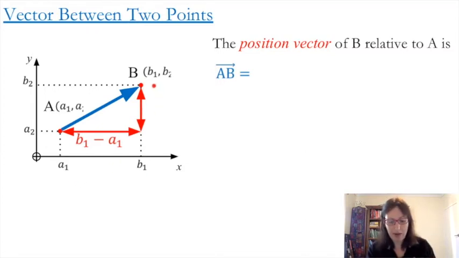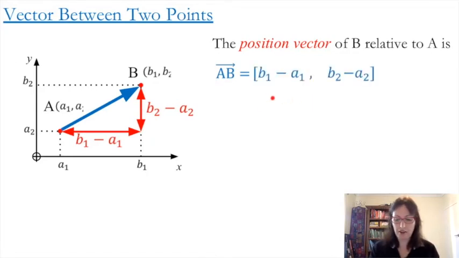So see where B1 is up here in point B, it's the x component, subtracting off the x component in A. And therefore for the vertical part, B2 take A2, so you can see that comes from the axes there, it's the difference between those two heights, and B2 is the y position of point B and A2 is the y position of point A. So the first components work together and the second components work together.